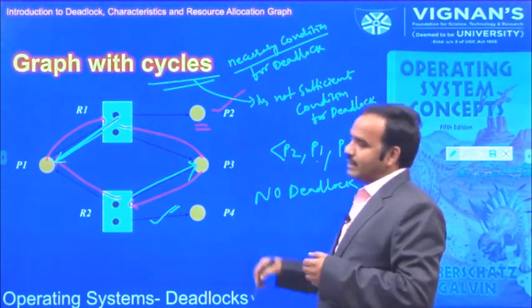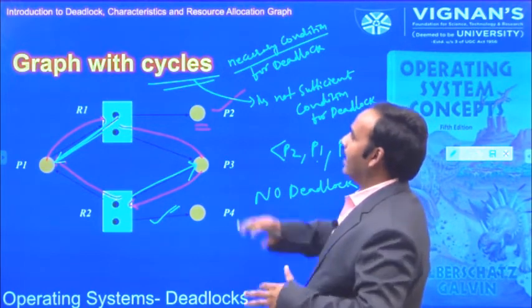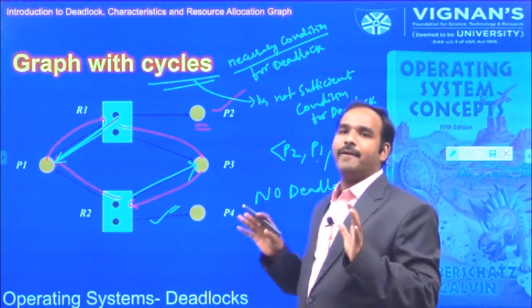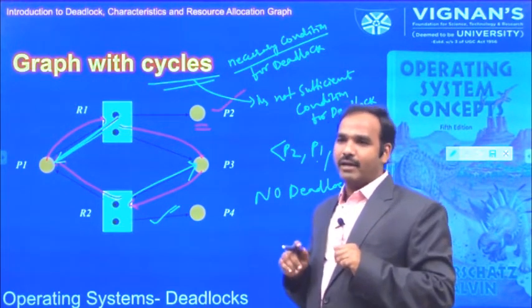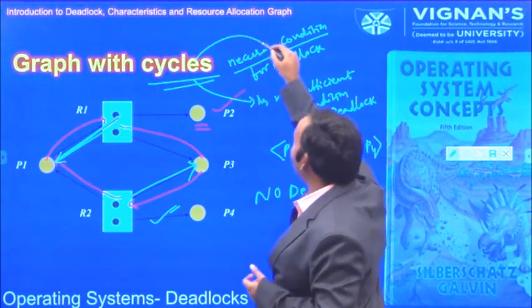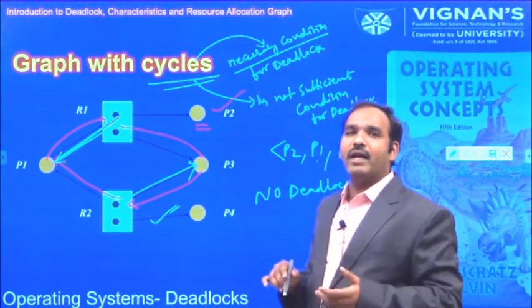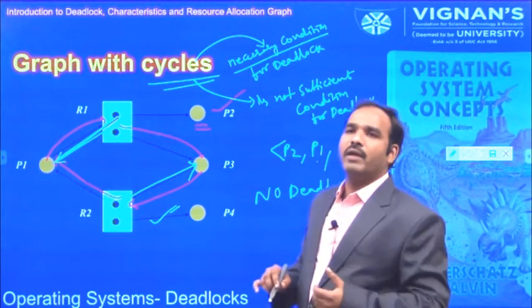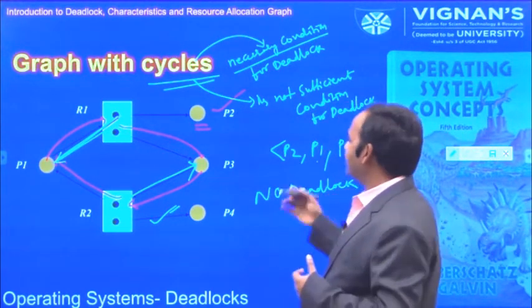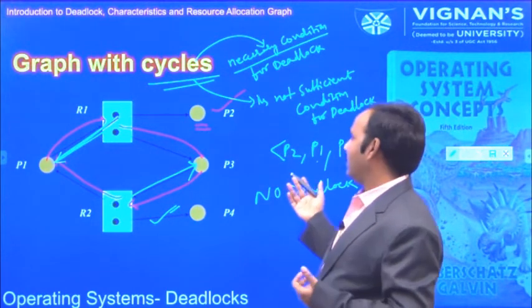That is the point you should understand from this graph. This graph contains a cycle, but that cycle cannot give a guarantee of a deadlock. Sufficient condition would mean that sometimes a deadlock occurs, or sometimes a deadlock may not occur.